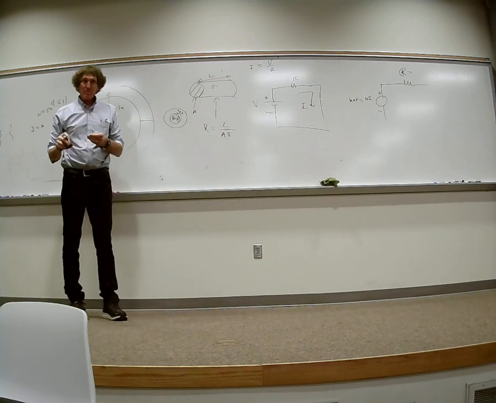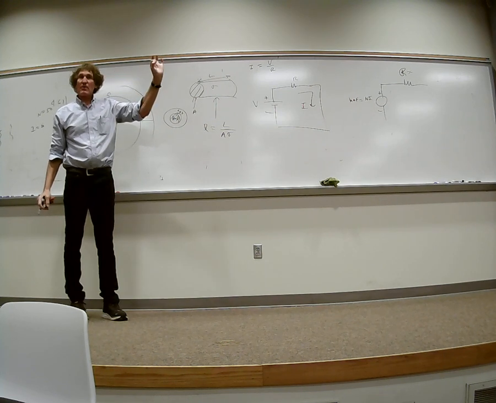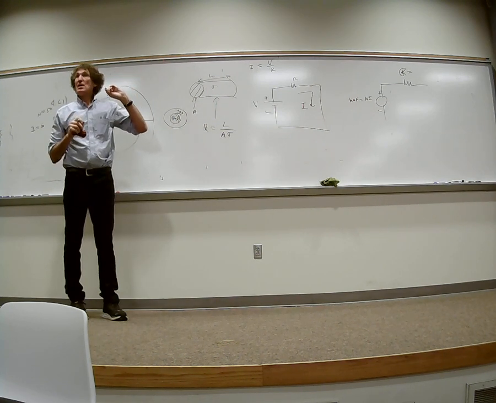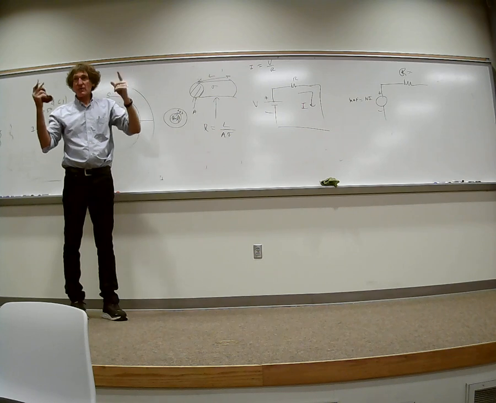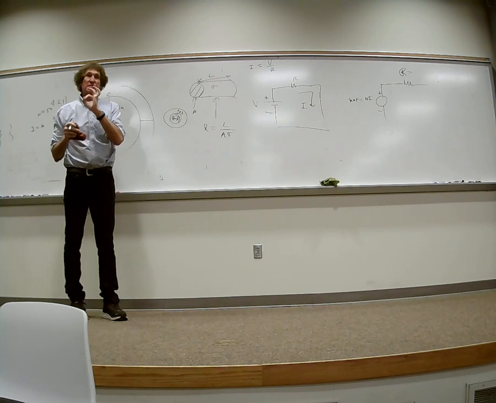Do you all remember that? If you have a constant cross-section, given length of material, the resistance along the long axis is proportional to length, inversely proportional to cross-sectional area, and inversely proportional to sigma.